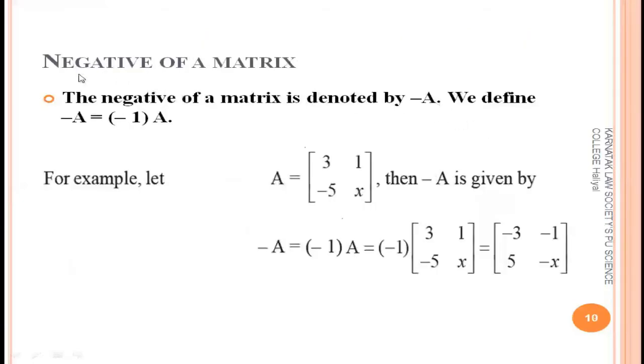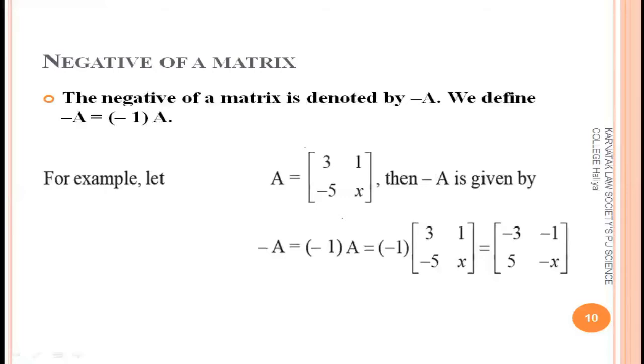Next, negative of a matrix. The negative of a matrix is denoted by minus A. Sometimes we define minus A as minus 1 into A. Just we need to make it, if it is plus sign, then we have to make it as minus.